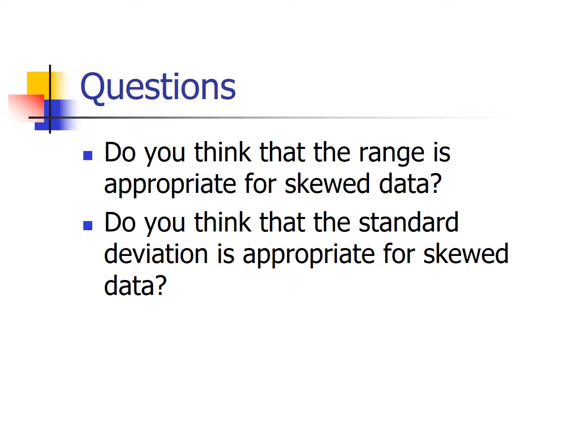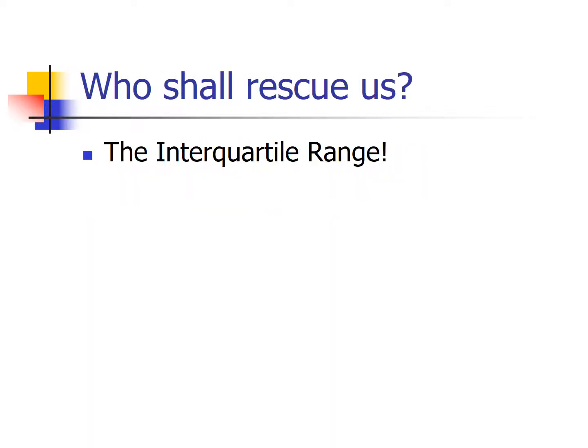Dear. Well, then what's a researcher to do, especially if they do come across skewed data? We know if we want to measure center that we should use the median, but what would we do if we also wanted to in some way measure spread? And here it is, rushing to our rescue, the interquartile range.